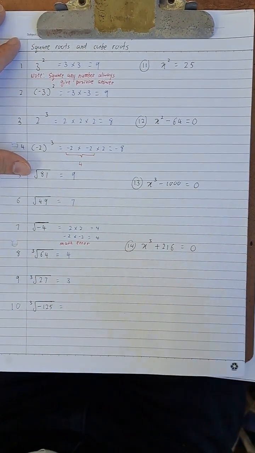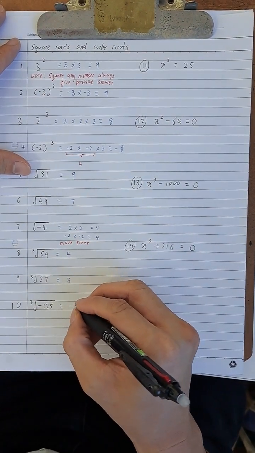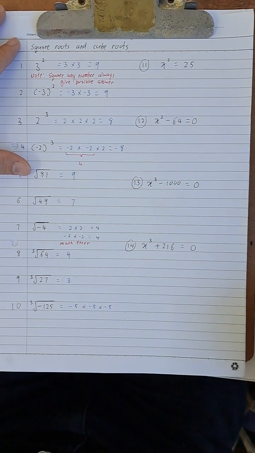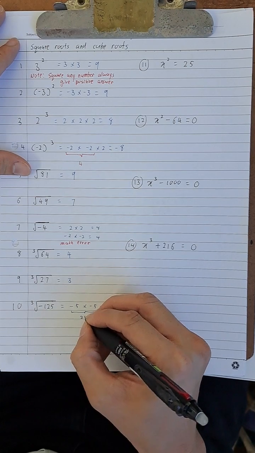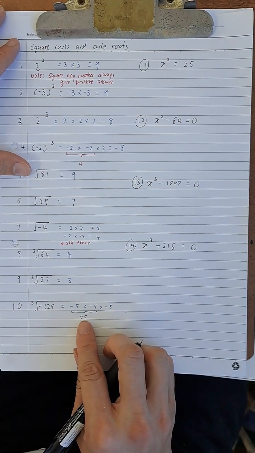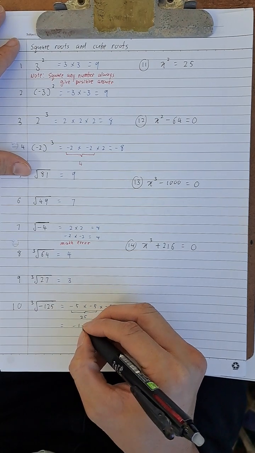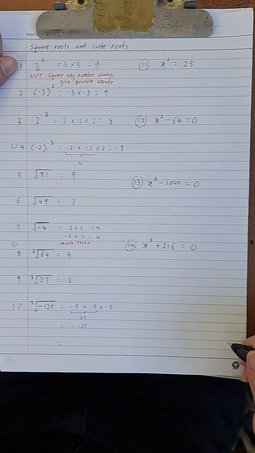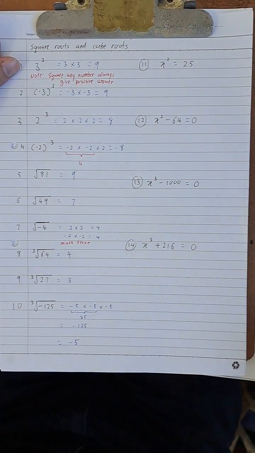If we work it out like negative 5 times negative 5 times negative 5, this part will give you positive 25, and positive 25 multiplied with negative 5 will give you negative 125. So in other words, the cube root of negative 125 is actually negative 5 over here.